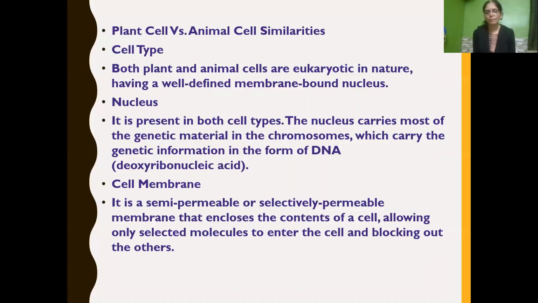It is a semi-permeable membrane which has pores, and it allows only suitable substances in and out of the cell. In both plant and animal cells the cell membrane is present.